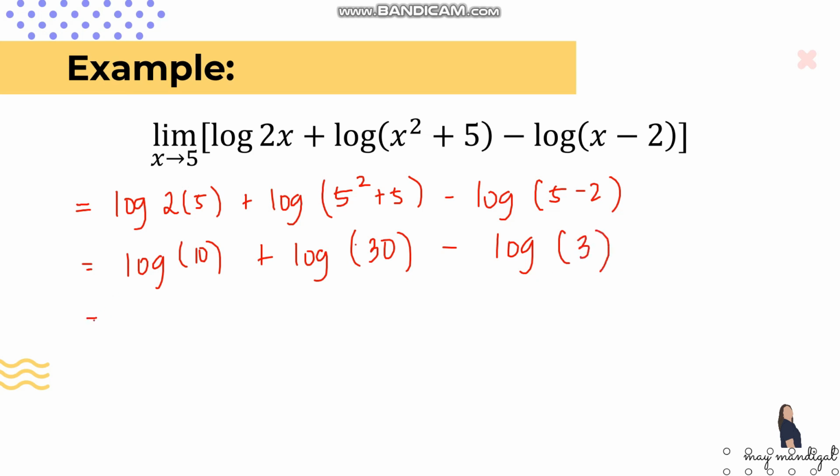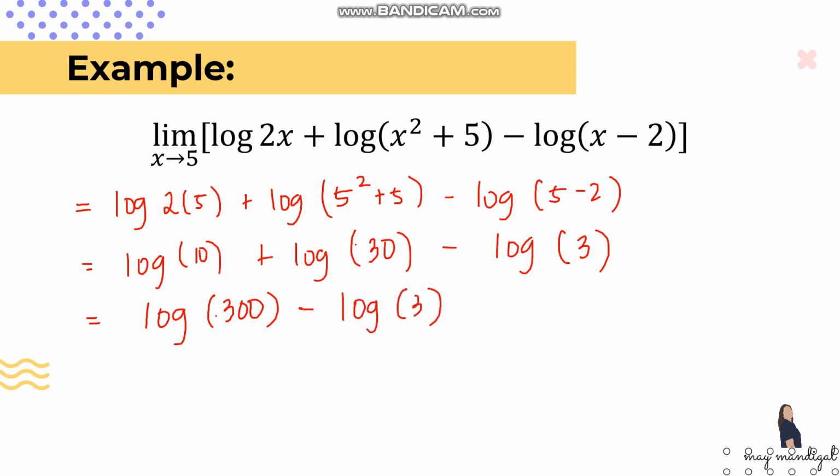Now you notice that all of them have the same base. That means we can apply the laws of logarithms to simplify this. So notice that the first two are connected with addition. So we can apply the first law of logarithms, which is the addition law, meaning we can combine the two by multiplying their arguments. So let's multiply 10 and 30. So that will give us 300, or logarithm of 300. And then we have here minus logarithm of 3.